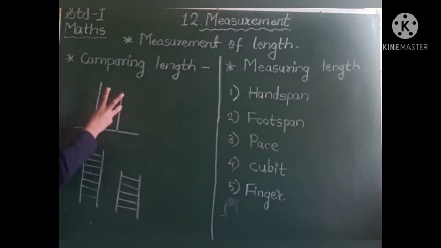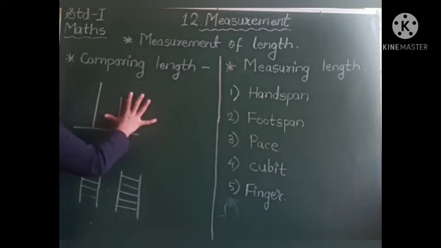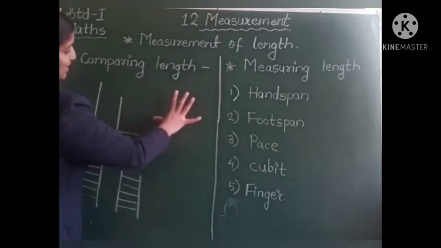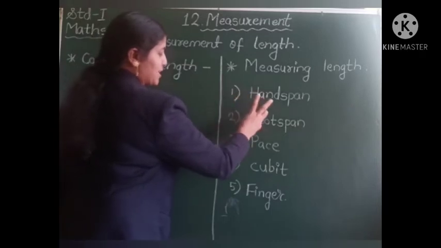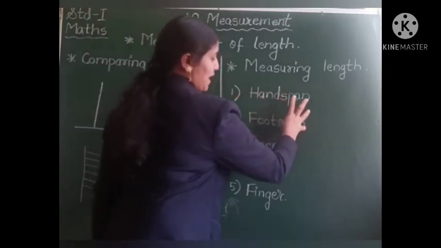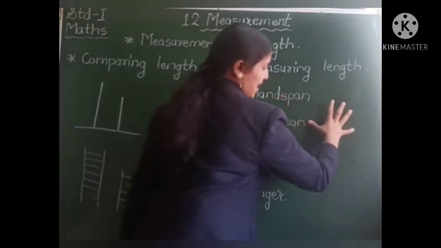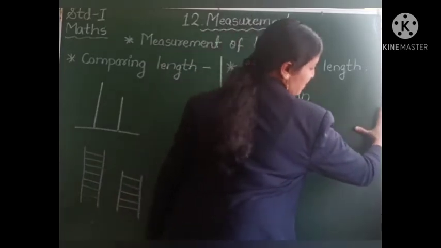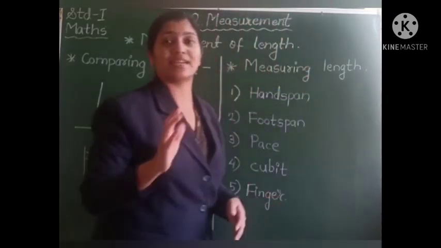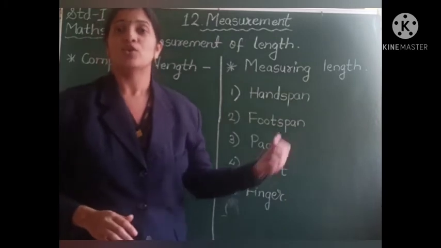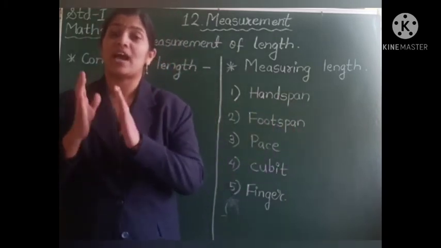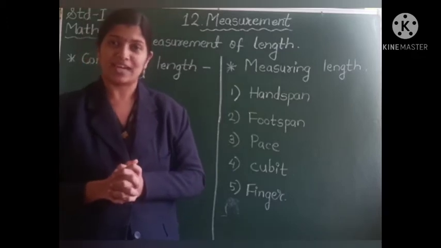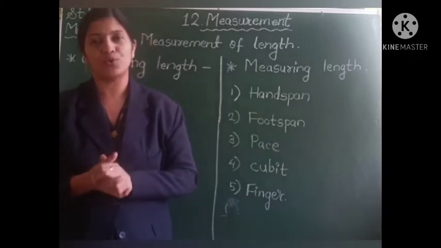This point I will take as the second hand span, then the third, fourth, fifth, sixth hand span, and this seventh hand span does not get completed. It is just half. So I can say that this board is 6.5 hand spans. Right students? Now let us move on to your textbook.